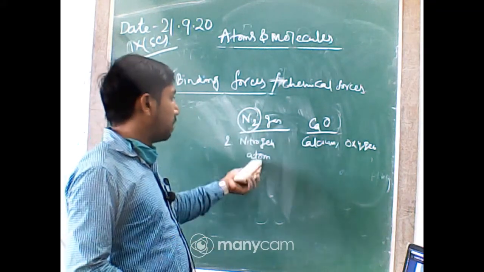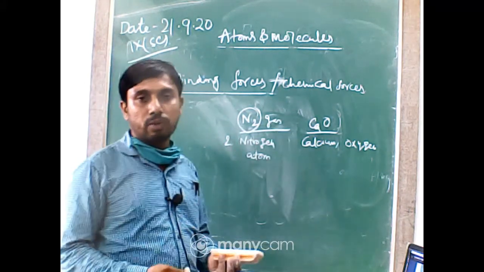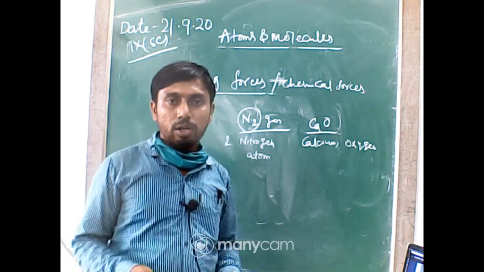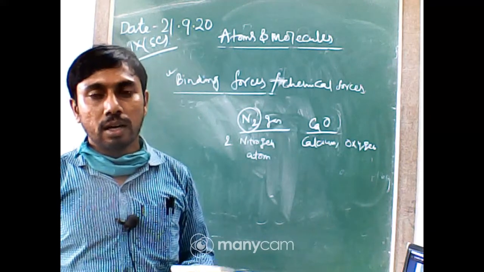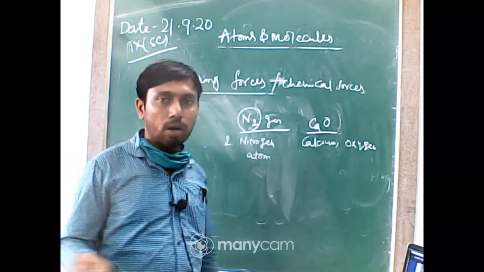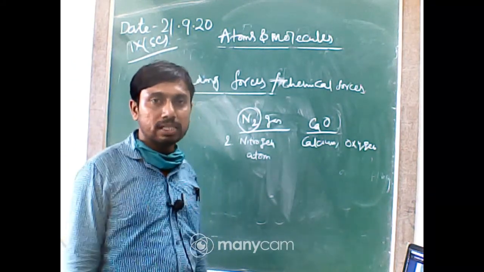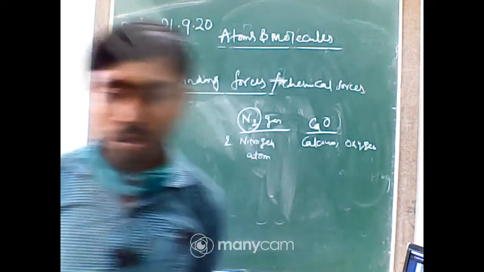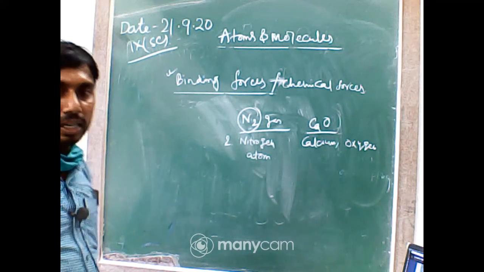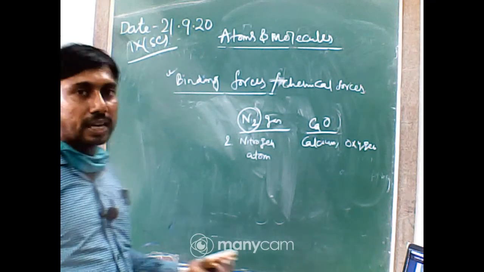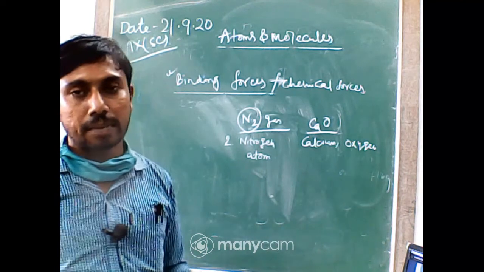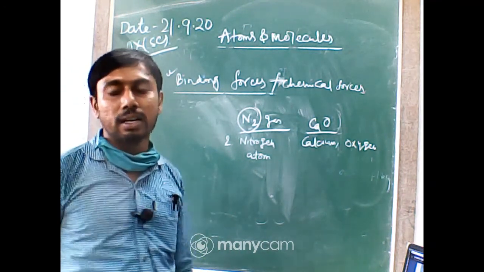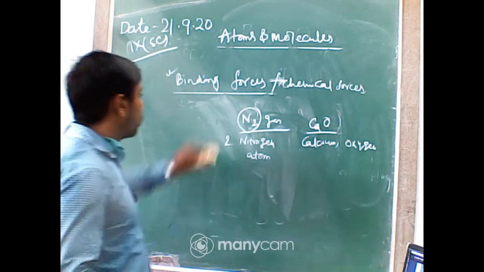As there are binding forces, they are attached to one another and we cannot break them easily. So we can define a molecule as follows: when atoms of the same or different elements combine together with chemical binding forces, it is called a molecule, and it is the tiny particle of the substance which retains all the properties of that substance and can exist independently. Understood?